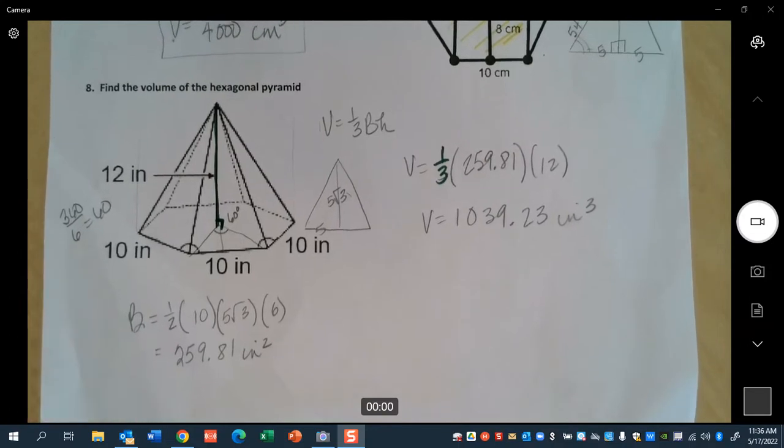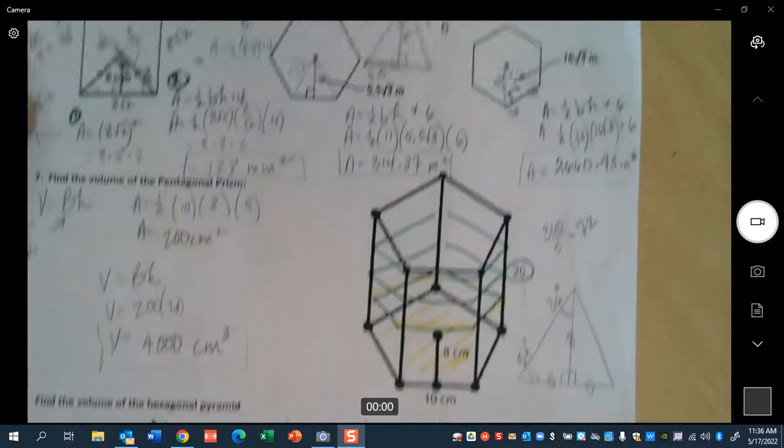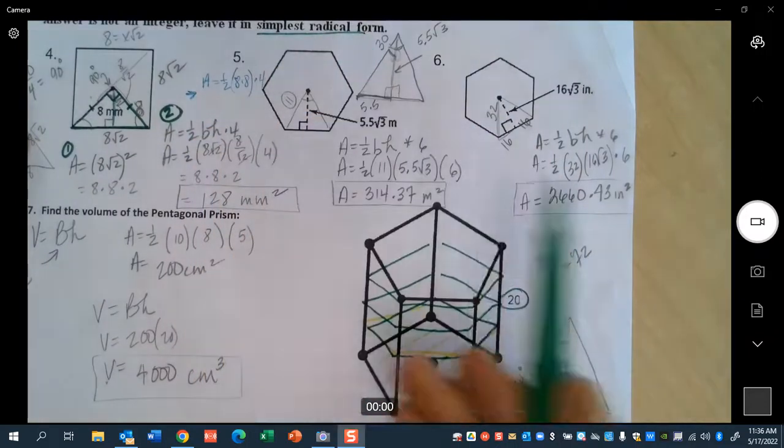Questions on the homework? So simplest radical form, I guess you're right, it says that, doesn't it?